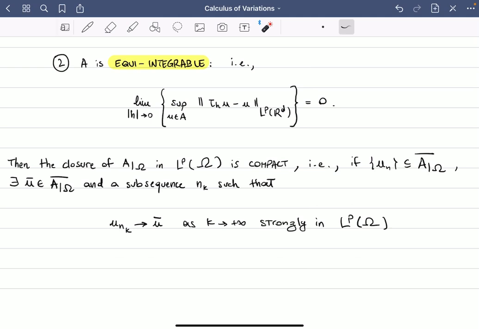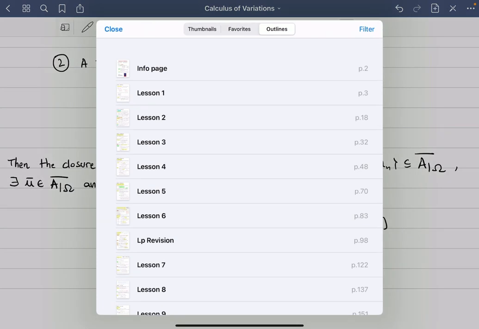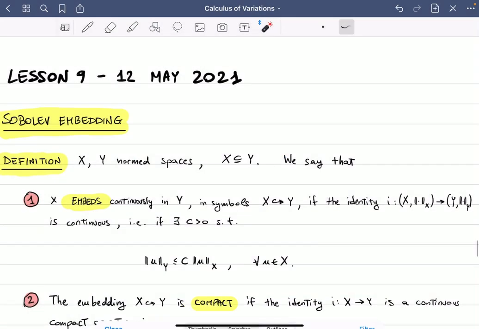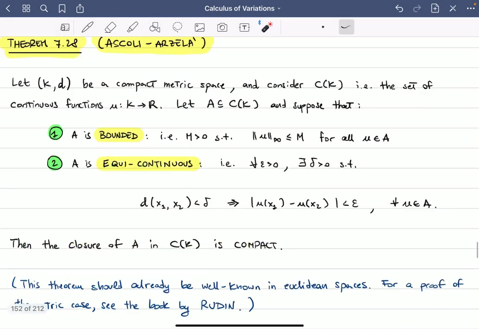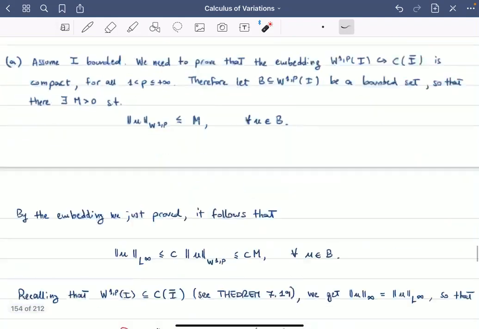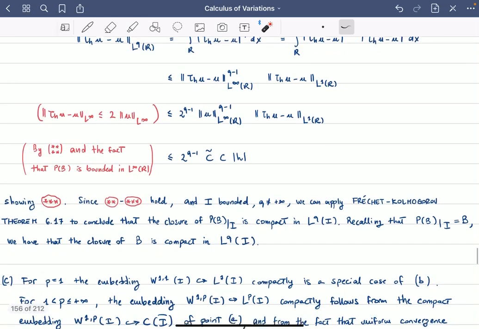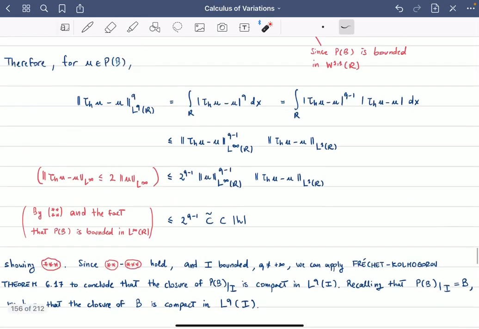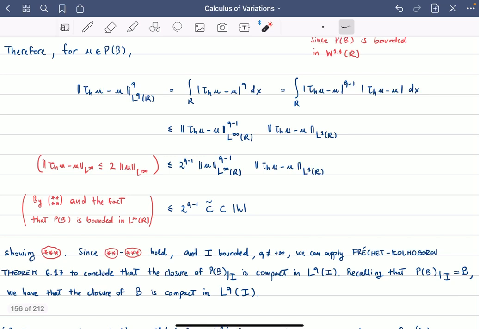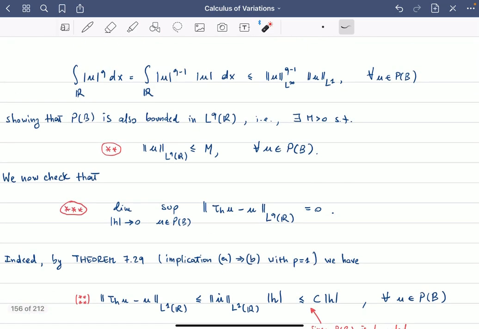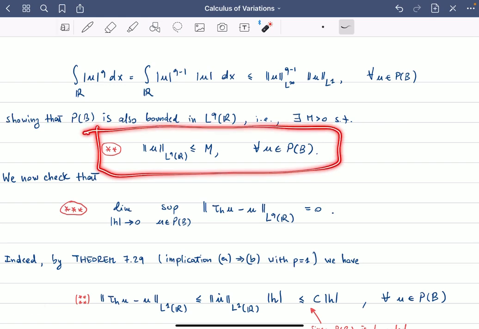Okay, now we want to apply this to our case, so let's go back to the proof. There you go, we're left with this one. Actually, we proved everything already, because we proved 2 star, which tells you that for the family P of B, all these functions are bounded by a constant.